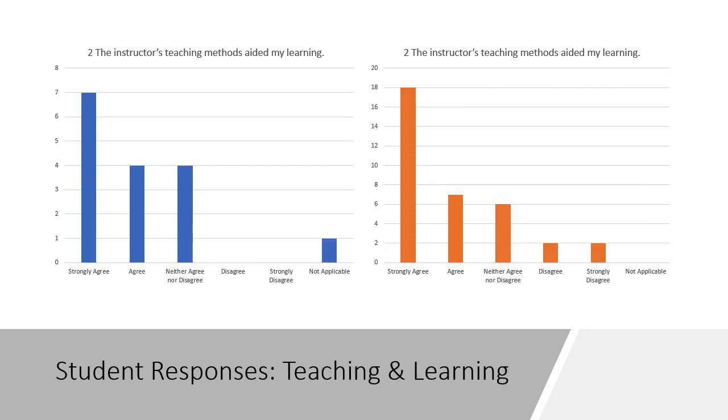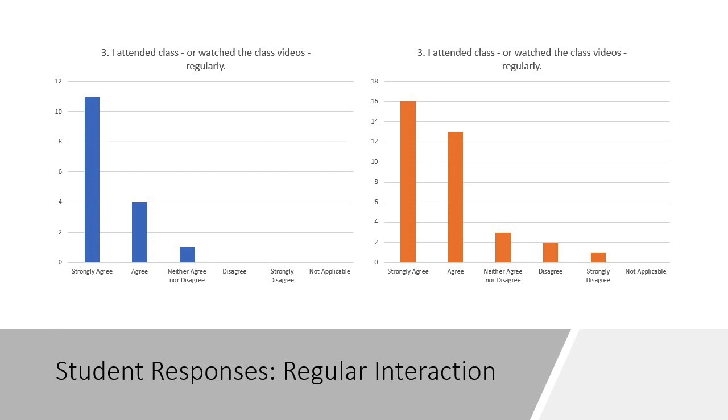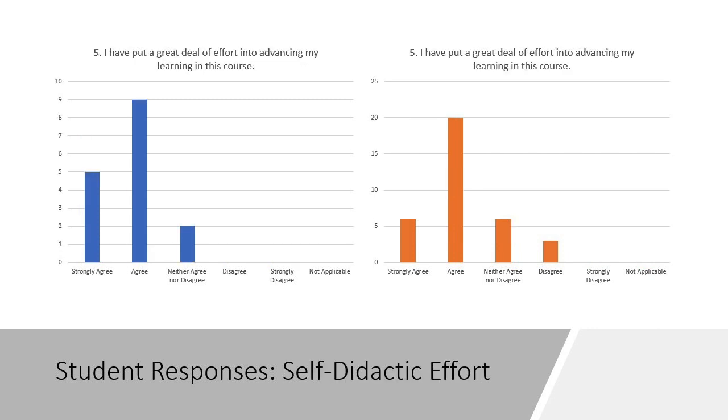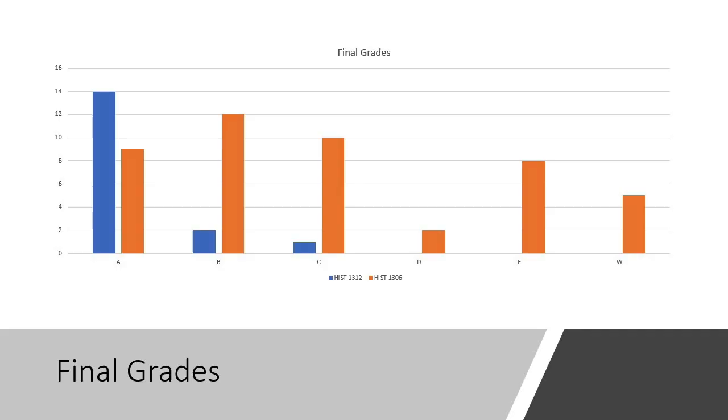Students also said that they spent a lot of time working on class assignments and that, for the most part, the course was challenging and made them think about history. There were more A's, but even in the normal class, which had a good number of DFWs, there was a good percentage of ABCs. So this leads me to believe that those who did engage with the course did benefit.